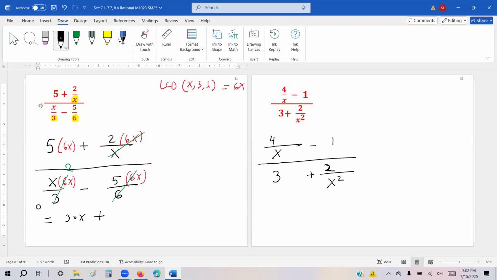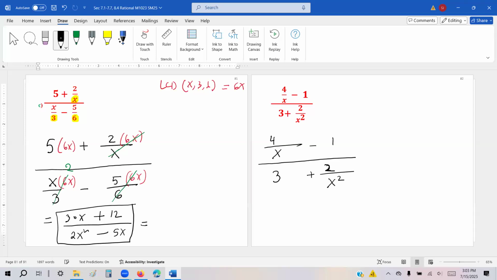We have 2 and 6, 12. x, 2 and x, 2x squared. And lastly, 5 and x, 5x. Technically, we are done, but sometimes after factoring, we can cancel.